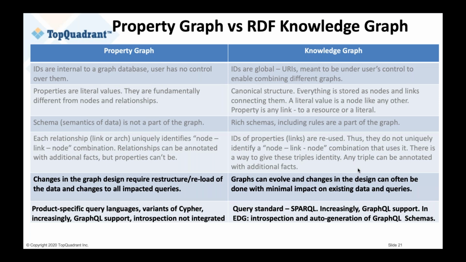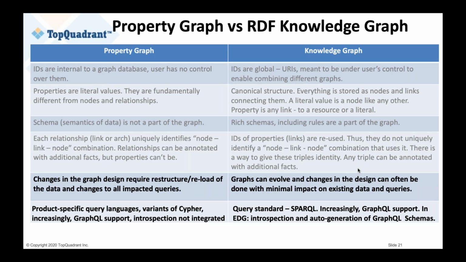Since I'm talking about queries, it's also important to briefly talk about the query languages that we could use. With knowledge graphs, there is a standard query language, SPARQL, that's universally supported.